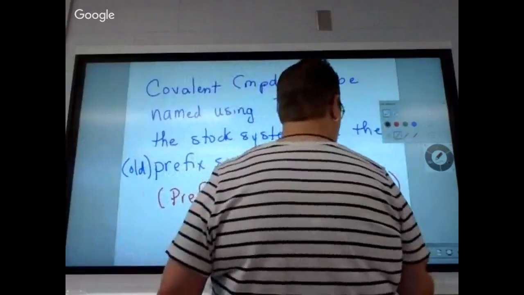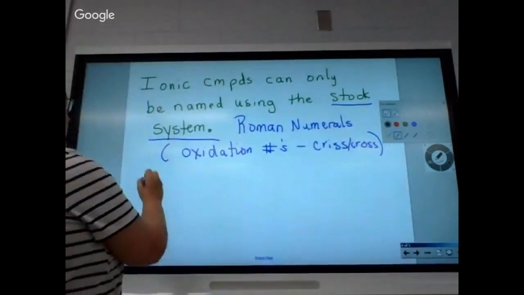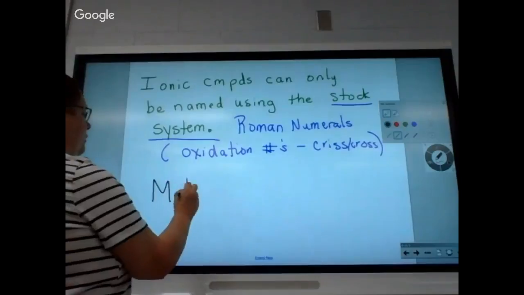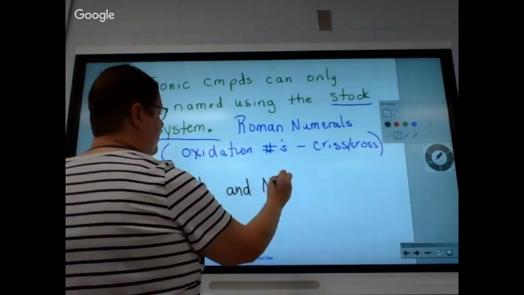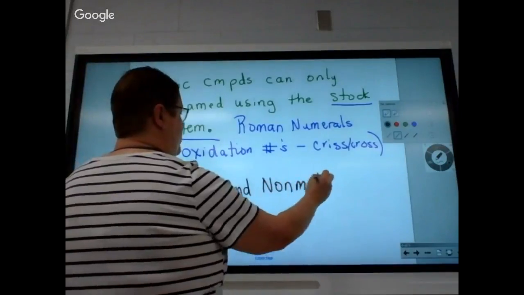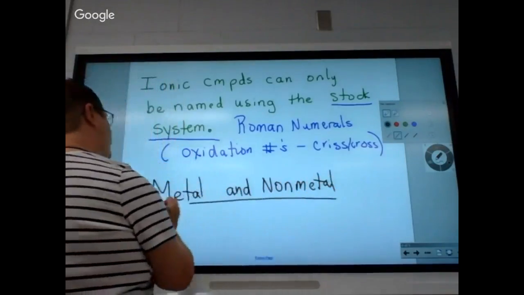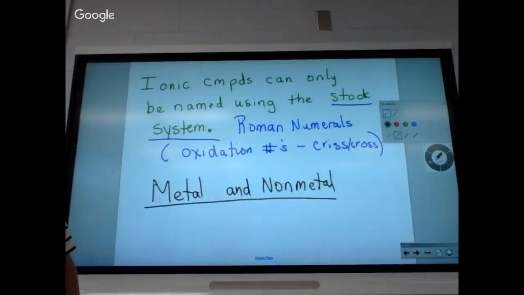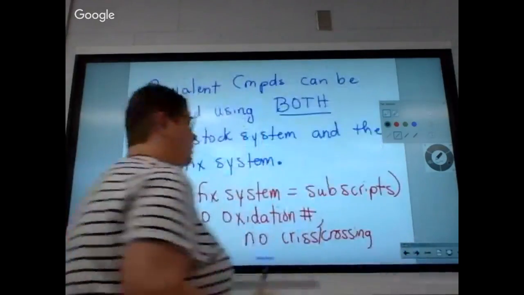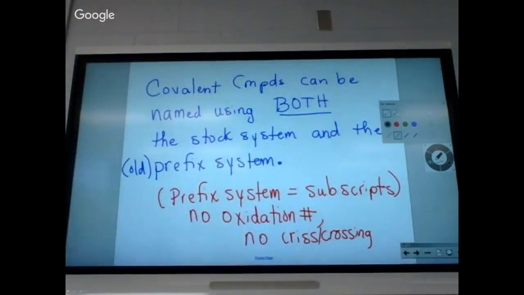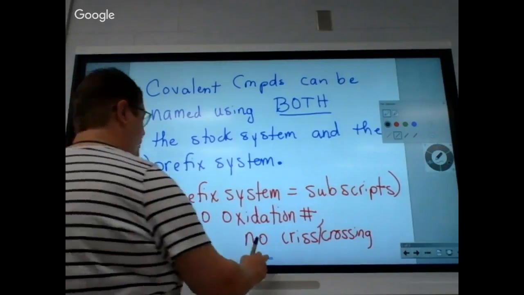So, in order to be ionic, it has to be a metal and a non-metal. So, every time we go to name something, we have to know if it's a metal and a non-metal. So, to be covalent, it has to be a what? That would be a metallic bond, which we're not going to name at all. It's not part of our curriculum. There you go. Okay?